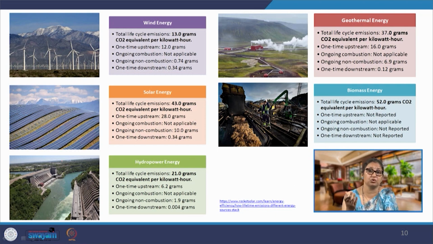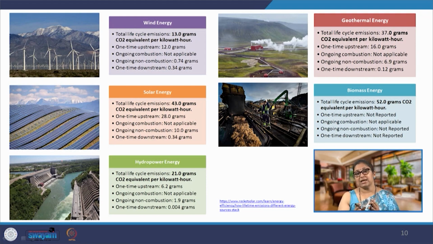If it is offshore, the base making, the transportation, everything is a one time emission causing activity, the upstream emissions. If we are looking at hydropower, the large dams that are being designed and constructed will all have a very high one time upstream emission.